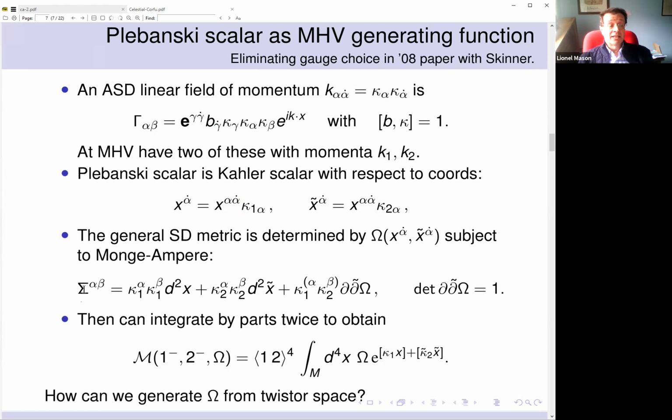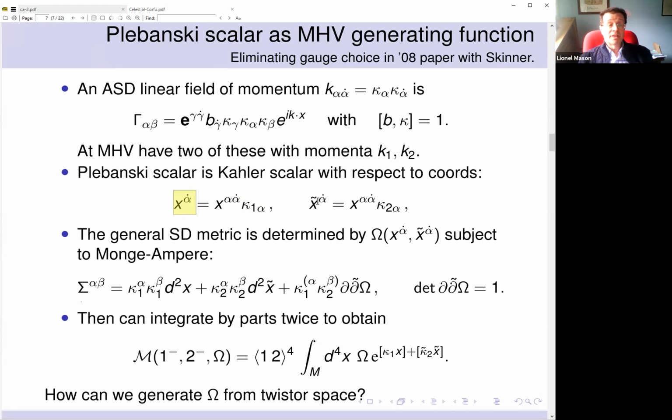And in that, the self-dual two forms naturally can be expressed in terms of just two coordinate two forms of the x and the x tilde associated with the two different momentum components. And then the only complicated part is the middle self-dual two form, which is a Kähler two form in these complex coordinates in terms of this Plebanski scalar.